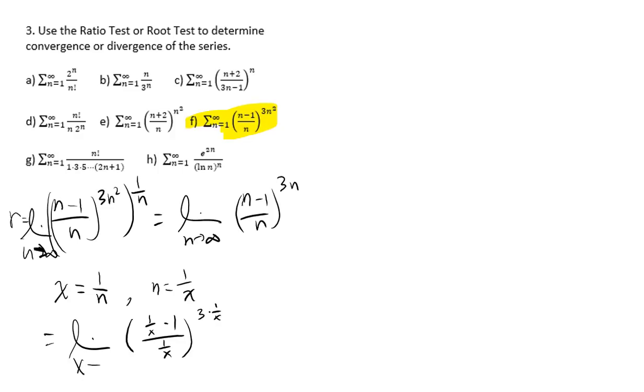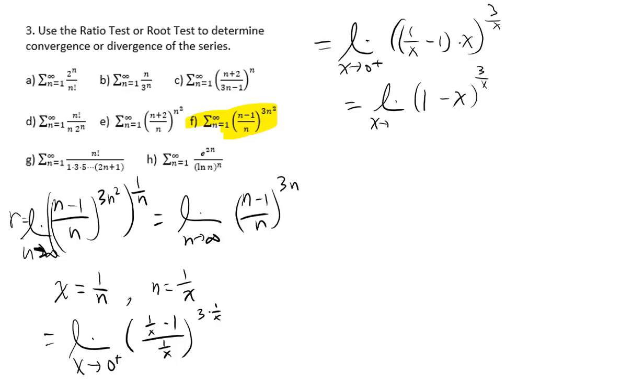And when n goes to infinity, x goes to 0 plus. Okay, and then since dividing by 1 over x is the same as multiplication by x, this will be the same as the limit x going to 0 plus of (1 over x minus 1) times x, to the 3 over x. x times 1 over x is 1, x times negative 1 is negative x.